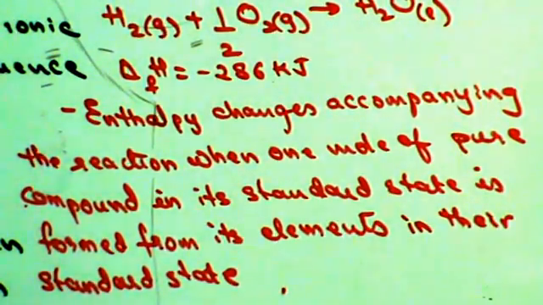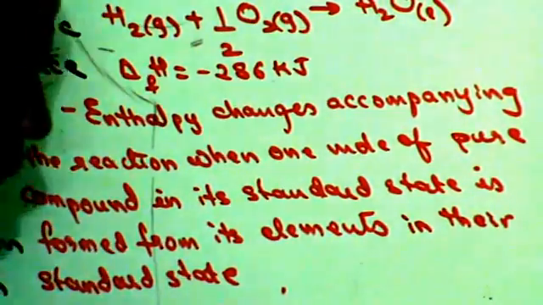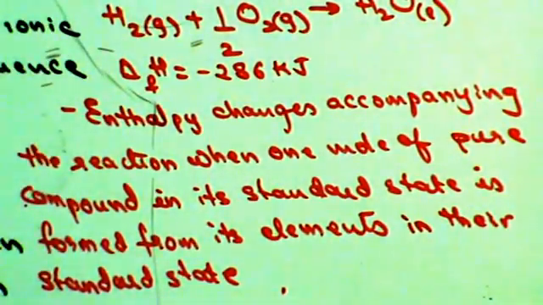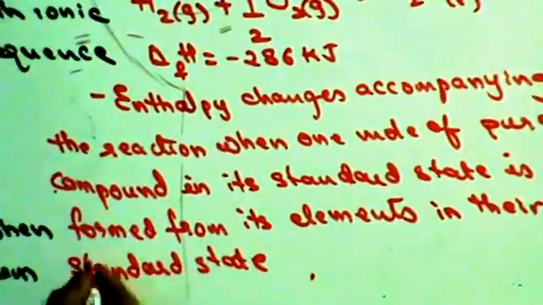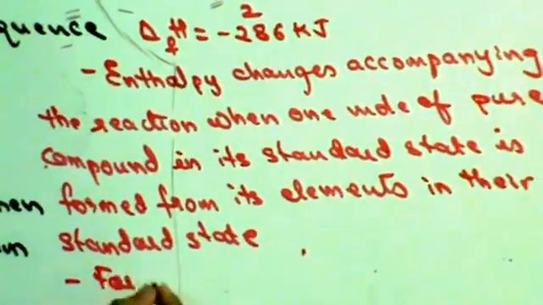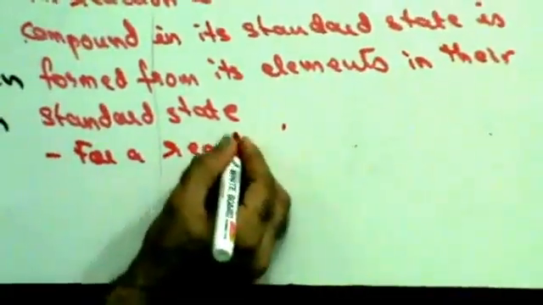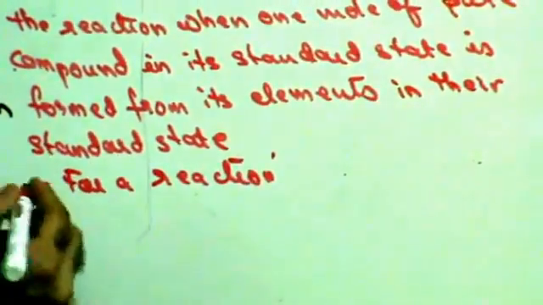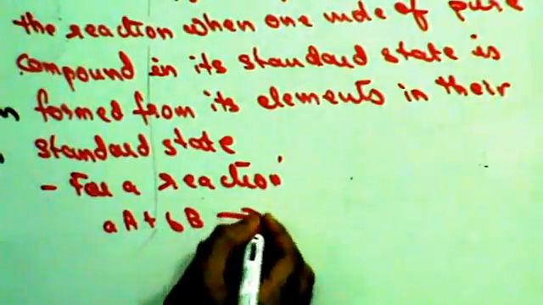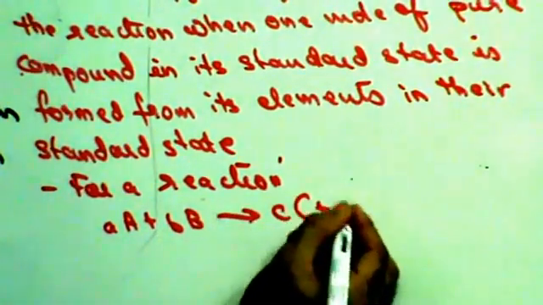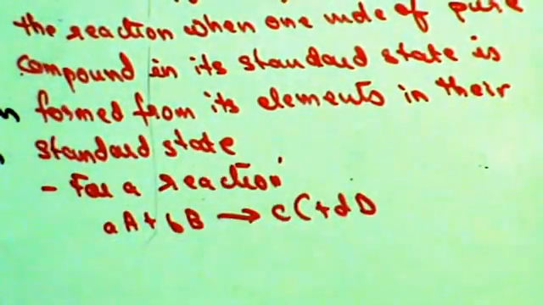Now, suppose I have to show it in the form of a general equation. Consider a reaction. Suppose I have a times A plus b times B, which gives you c times C plus d times D, right?